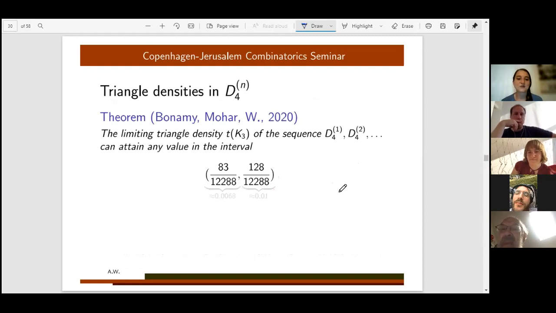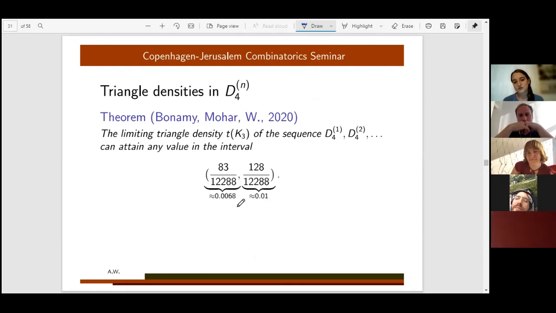And what is true then is that the triangle densities converge to values within this interval, which is roughly 0.0068 and 0.01. So these are our triangle densities, and they are always going to be in this interval, but we can also attain anything that is in this interval.